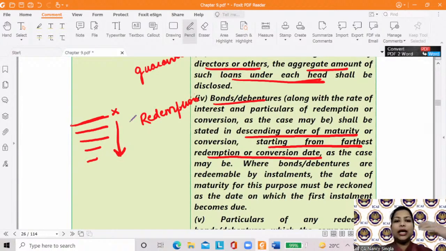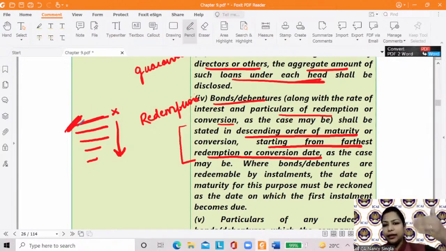So the organization needs to show which bonds and debentures, along with the interest and the particulars of redemption or conversion, are to be stated in the descending order of maturity, starting from the farthest date, सबसे late, then near to that, then near to that, and then the nearest.